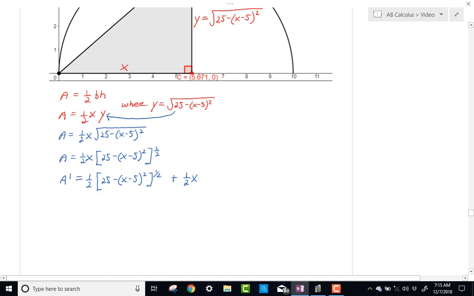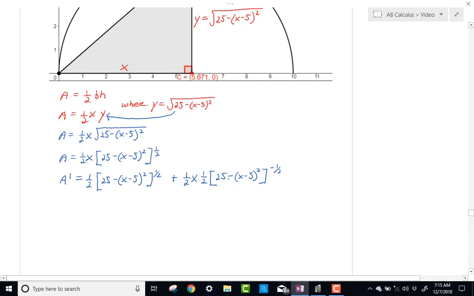Now this is where this can get a little bit tricky because I need to bring the 1/2 down in front, so that's going to be 1/2 times the inside material, 25 minus x minus 5 squared raised to the negative 1/2 power, because we have to subtract 1. And then I need to take the derivative of the inside material.